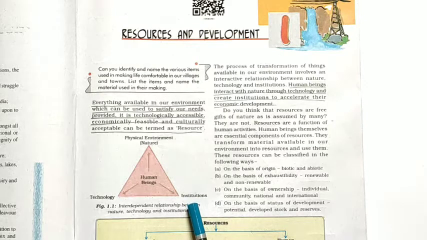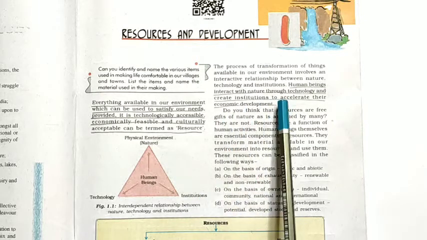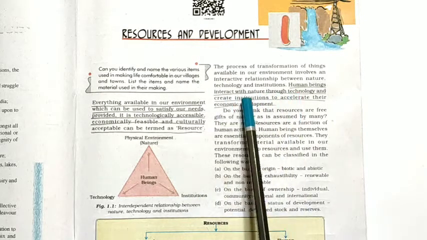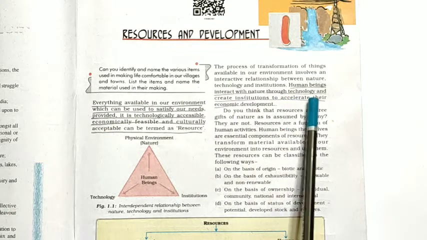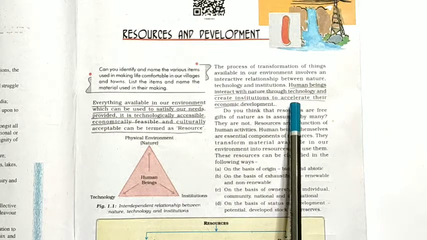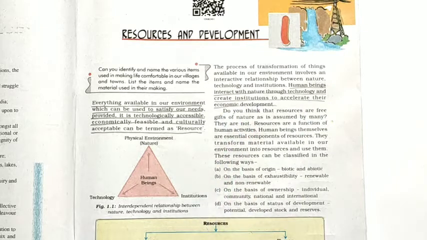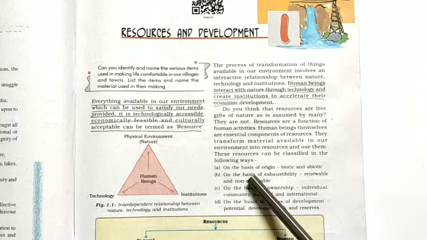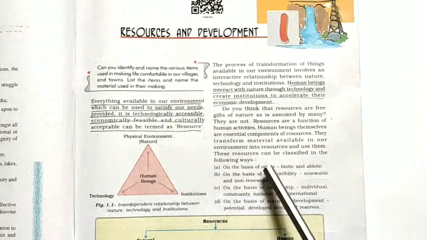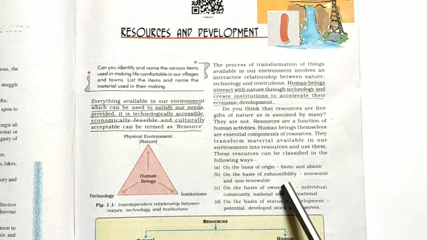So, in other words, human beings interact with nature through technology and create institutions to accelerate their economic development. Human beings are also essential components of resource because they are the ones who transform the material to resources and use them. Resources are classified in the following ways: on the basis of origin, on the basis of exhaustibility, on the basis of ownership, and on the basis of status of development.